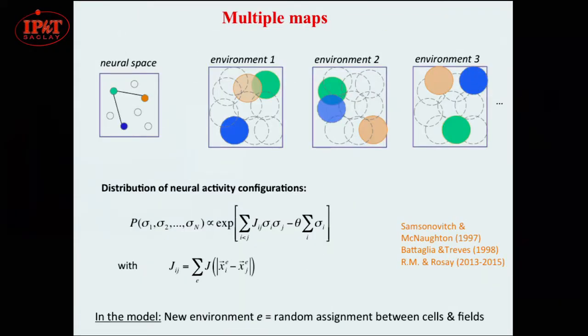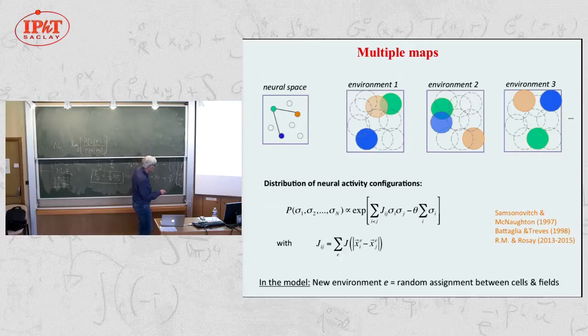The idea that was proposed in particular by Samsonovich and McNaughton is the following. Let's do exactly as in the Hopfield model. You build an adjacency matrix in one environment, you do that in the other environment, and you just sum them. So just have an additive model, where you pile on top of each other all these matrices.